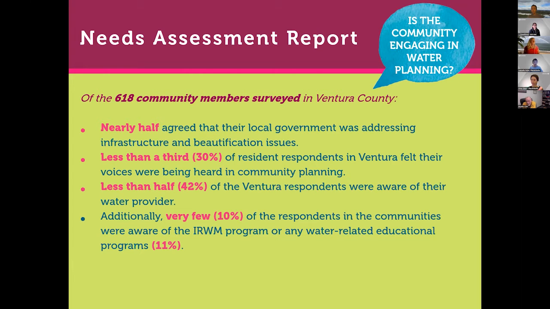And Laura had mentioned the IRWM program, the Integrated Regional Water Management Program, as a vehicle for water related planning activity. And very few people that we contacted were even aware of what that is. So again, that's another opportunity to improve that percentage, to get more people aware.